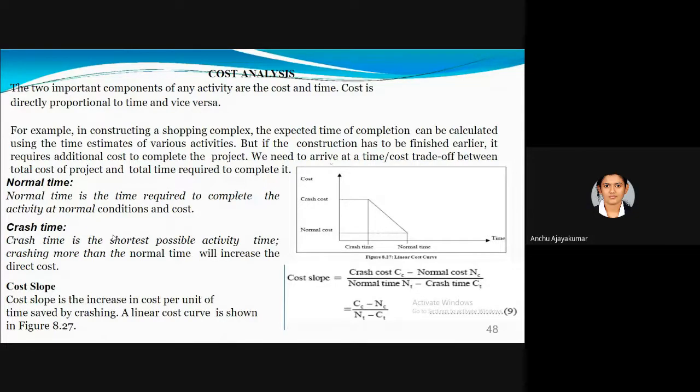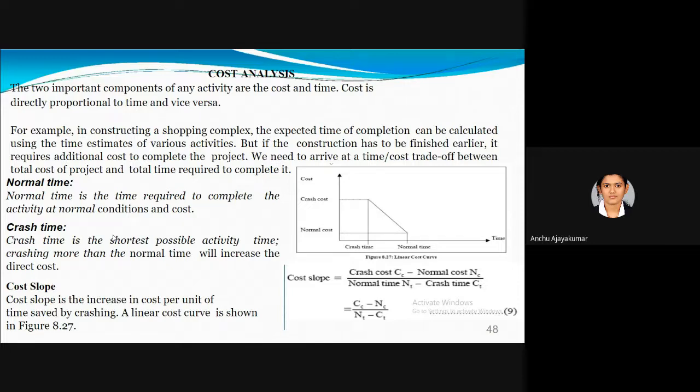So we have 4 terms in cost analysis. First is normal time. In normal conditions, you have 4 JCBs on your site. In that normal condition, what is the time taken and what is the corresponding cost? That is the normal time as well as normal cost. Crashing time and crashing cost: I am giving you 8 JCBs and you have to finish in 1 day.